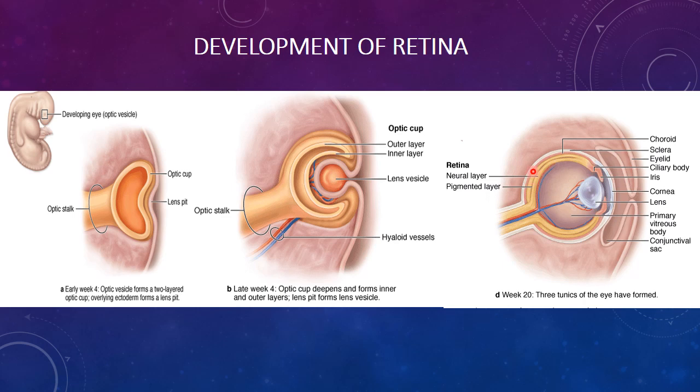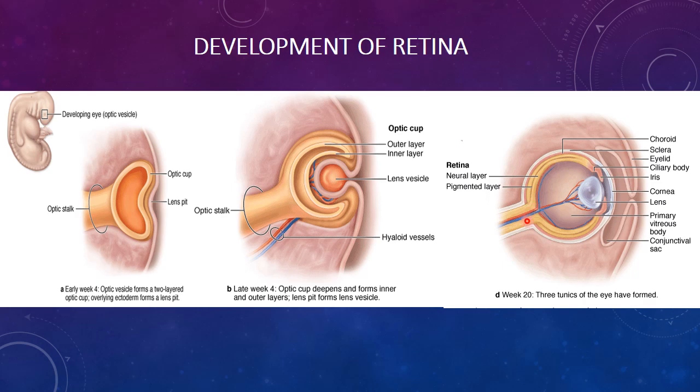As you have seen, the basement membrane of the pigment epithelium is one of the components of Bruch's membrane as well.